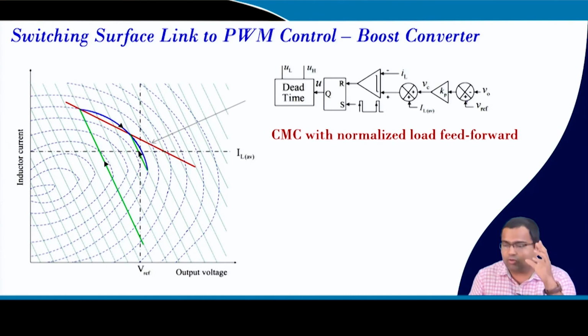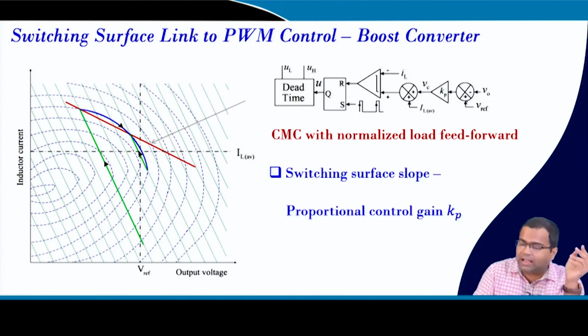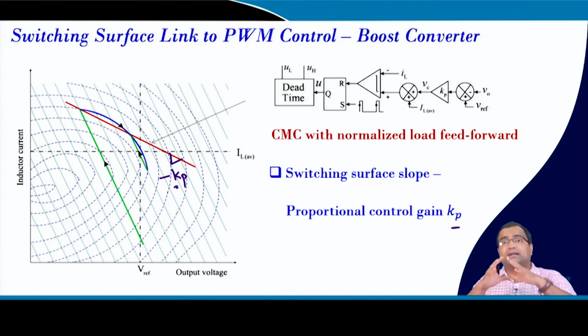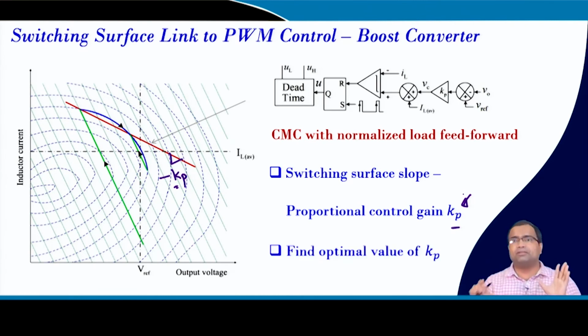This proportional gain is nothing but the slope of this surface, and that plays a key role in shaping the large signal recovery. That means, if you want to achieve time optimal recovery, it is the proportional gain we have to select properly to find the optimal value of Kp.